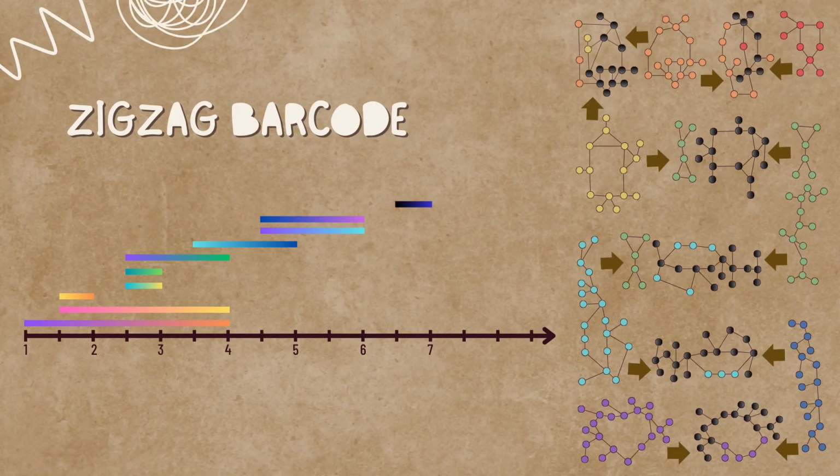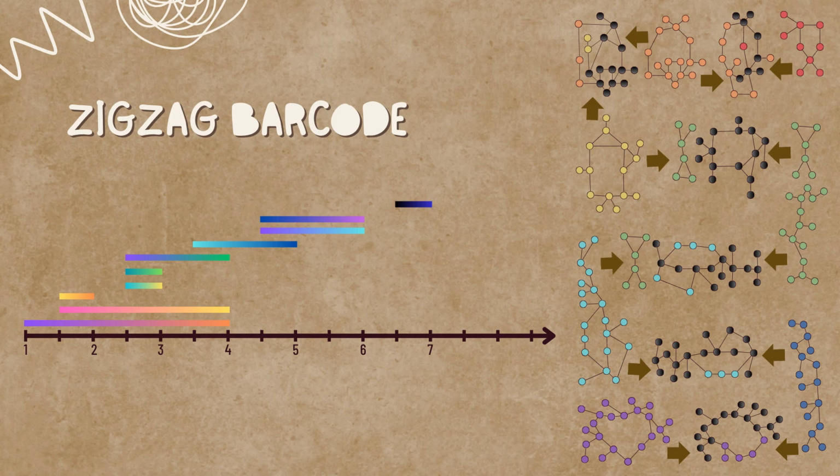And now for the zigzag we can get the zigzag barcode. From this barcode we can clearly tell that up until the 6th season there is always at least one cycle in our family tree. What is more, the cyclicity born in the 1st season doesn't really die up until the 4th one.